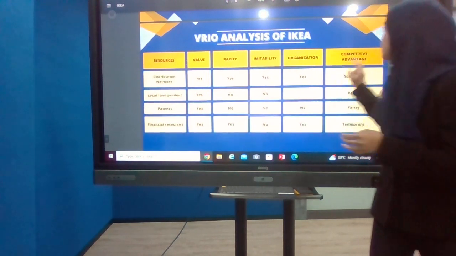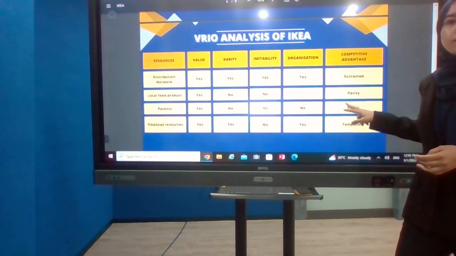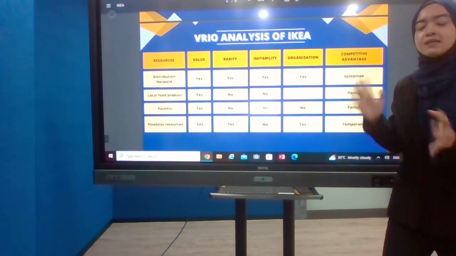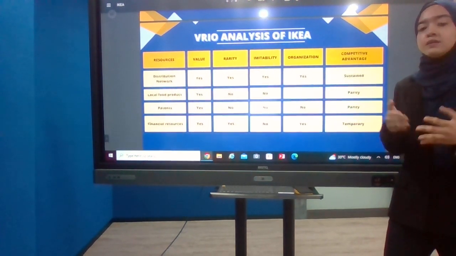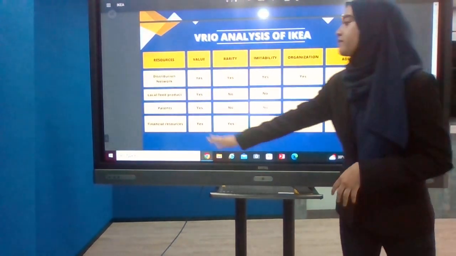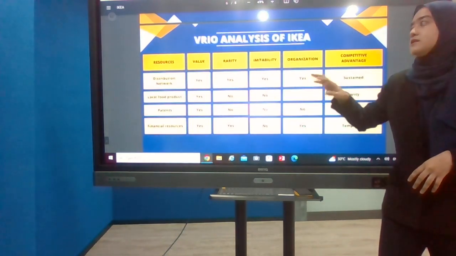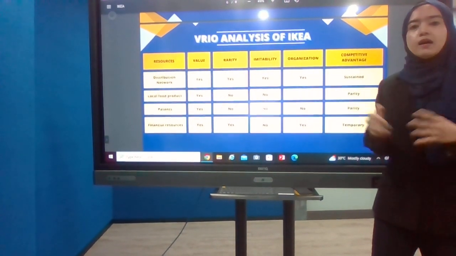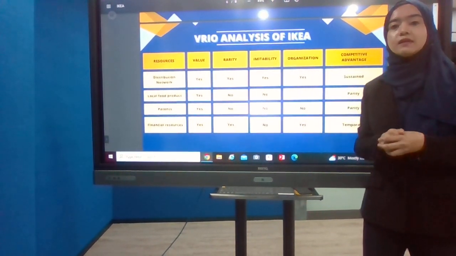Overall, we can see that the competitive advantage is parity for the patents, where the patents are non-material resources and are limited.